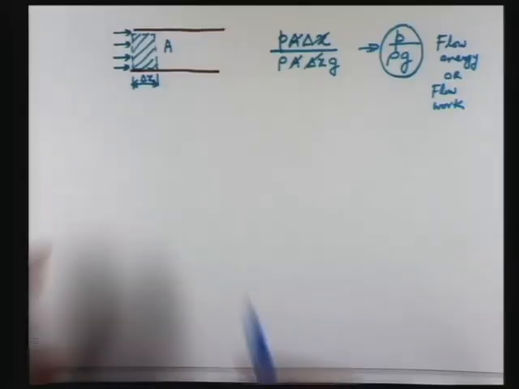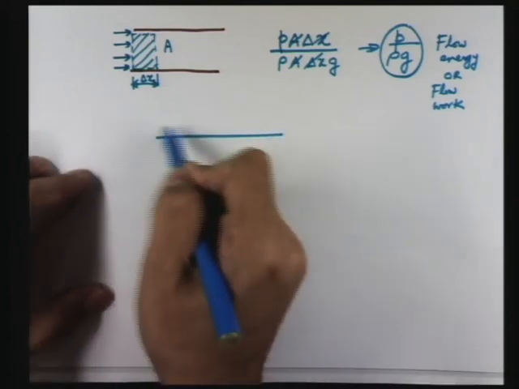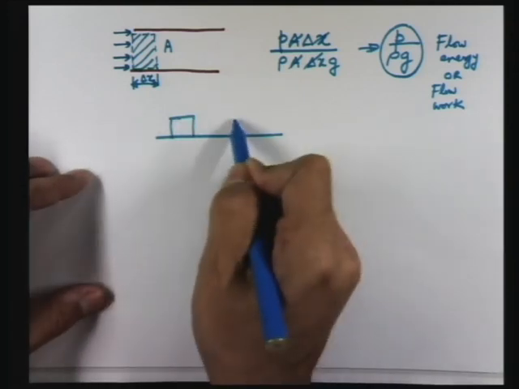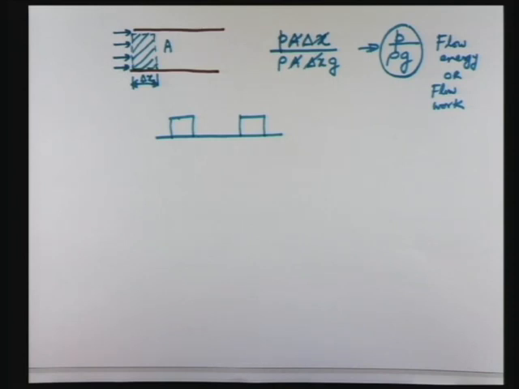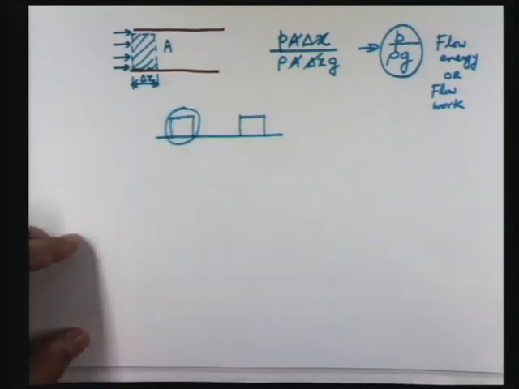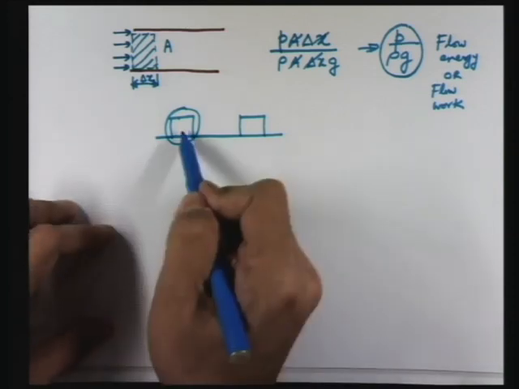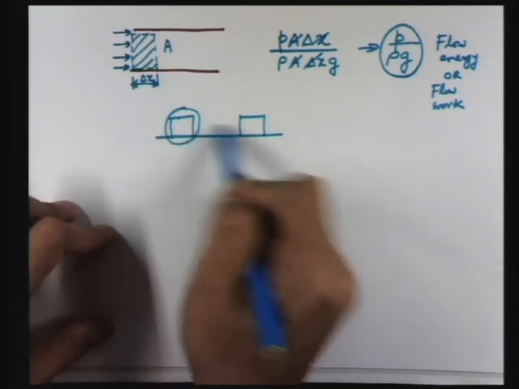Let us consider an example. Let us say you have a conveyor belt like this. You put your suitcase here on the conveyor belt and in the next moment the suitcase is transferred to this point. This suitcase is like a packet of energy. It has kinetic energy, potential energy and flow energy. Is the belt possessing the suitcase here? It is not really possessing the suitcase, it is continuously transferring the suitcase.